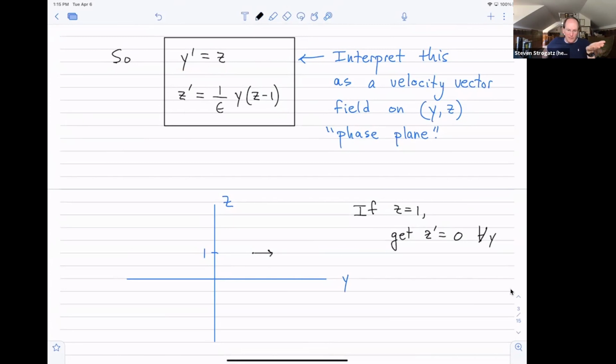You could think of an abstract point starting here, with the arrow giving its velocity in this YZ space. It says that if you're here, you will move instantaneously to the right. But what's interesting is that when you're on Z equals 1, that's true no matter what, all those points on that line have the same property. The vector field is always to the right.